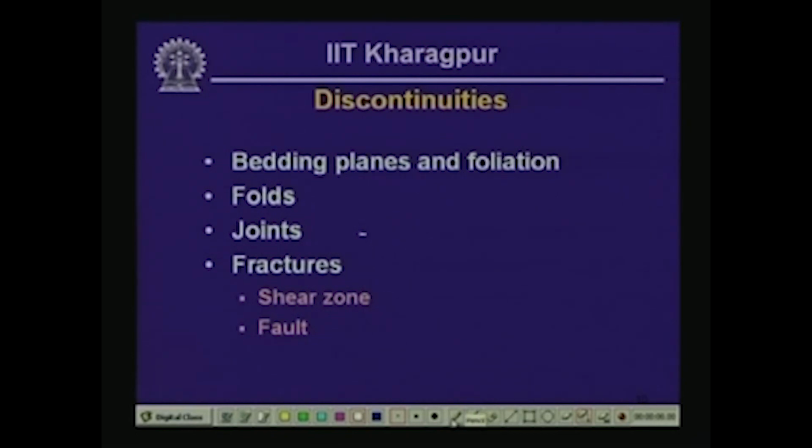Let us say a volcanic rock is being formed, and when the magma cools, different parts of the magma solidify at different rates, and as a result the magma could shrink, and that leads to the development of joints within the mass of cooling magma.